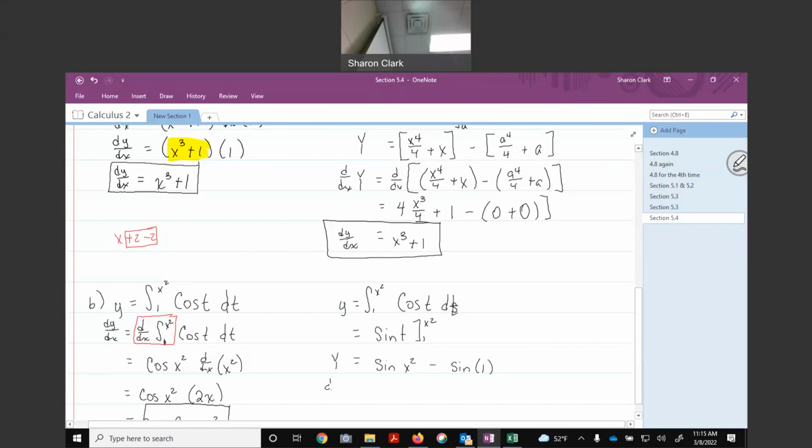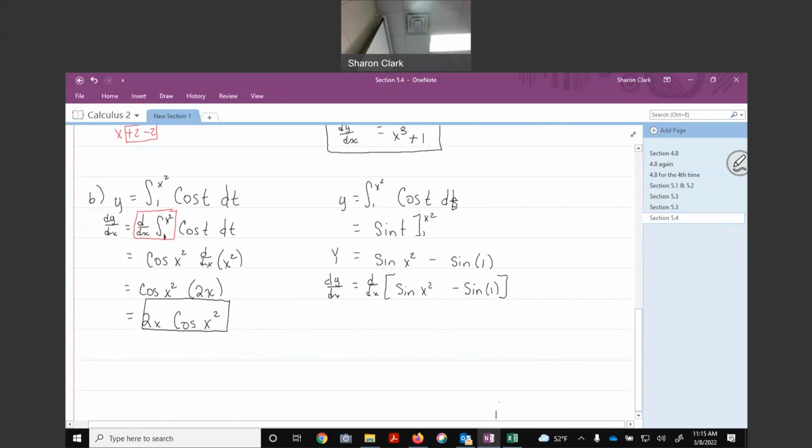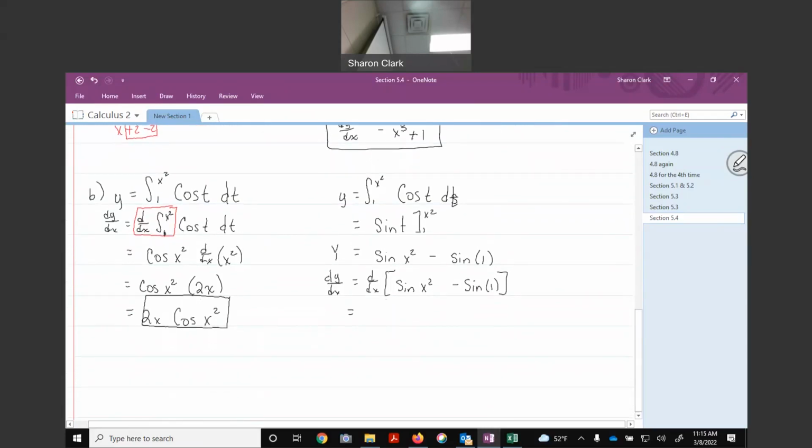And then now I got to do dy dx, d dx of sine x squared minus sine of 1. Okay, so the derivative of sine is cosine x squared, but I got to do the chain rule, which is 2x, minus sine of 1 is a number, which would be 0.